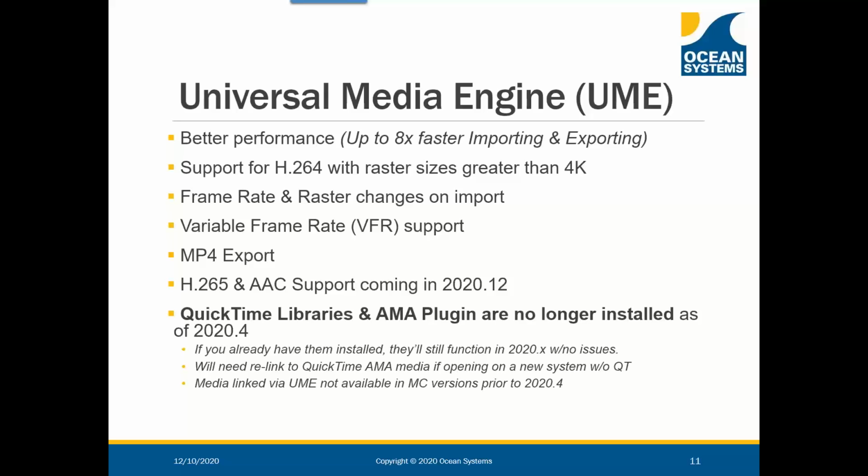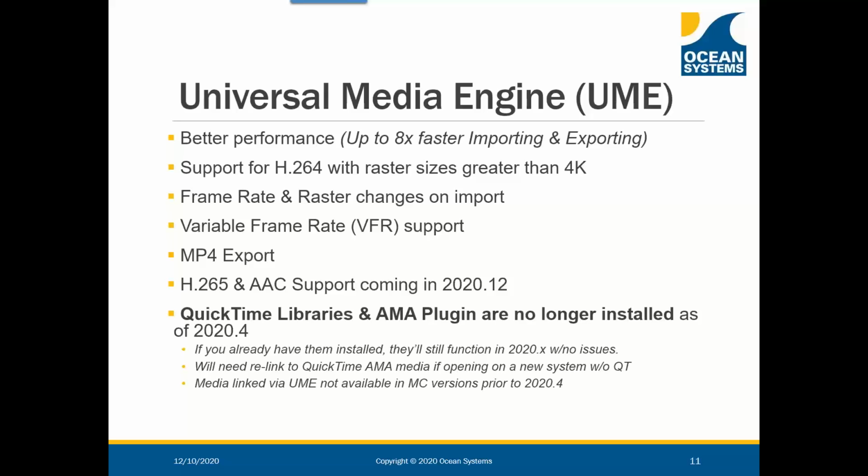The performance improvements as far as importing and exporting. Like I said, I did a file just the other day on a case where I had the file back out to MP4 literally within 5 minutes of getting the file, bringing it into an Avid project, making zoom and minor adjustments, and then exporting back out to MP4. So the speed increases alone can justify some hardware upgrades and things of that nature.